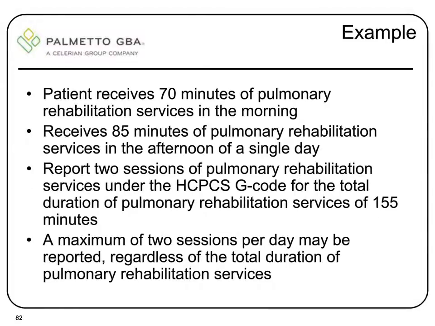Example 4, patient receives 70 minutes of pulmonary rehab services in the morning, receives 85 minutes of pulmonary rehab services in the afternoon of a single day. Report 2 sessions of pulmonary rehab services under HCPCS G-code for the total duration of the pulmonary rehab services of 155 minutes. A maximum of 2 sessions per day may be reported regardless of the total duration of pulmonary rehab services.